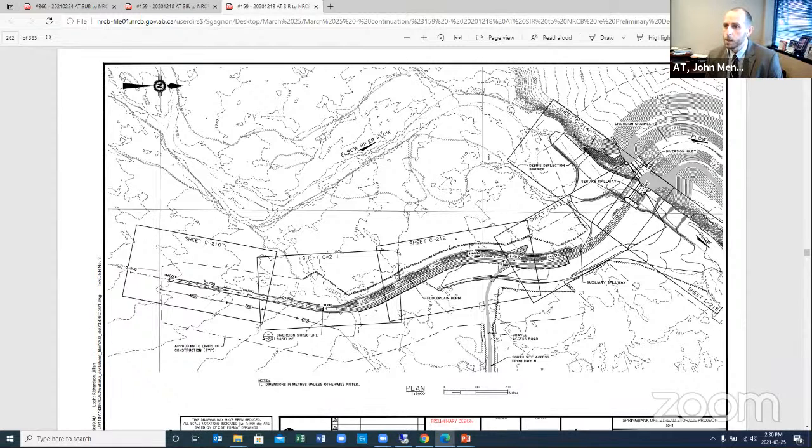The intended operation of this project is to stop flows from entering the channel once the reservoir is full, so the gates close. We have a lot of provisions in place to make sure that that happens. The debris deflection barrier will keep debris from clogging or blocking the gates from closing. We have primary and backup power.